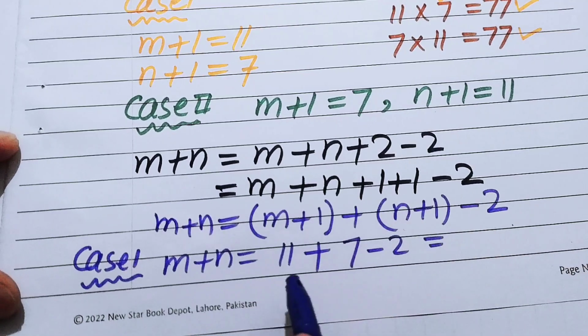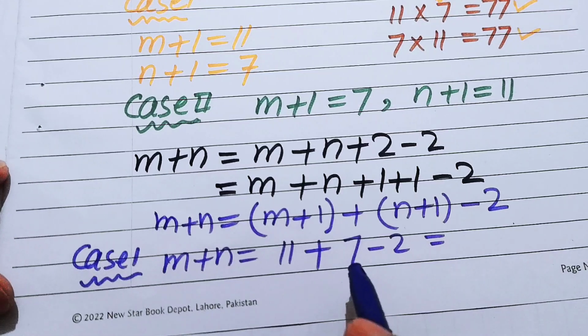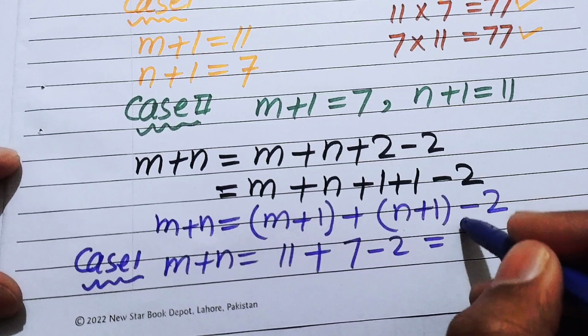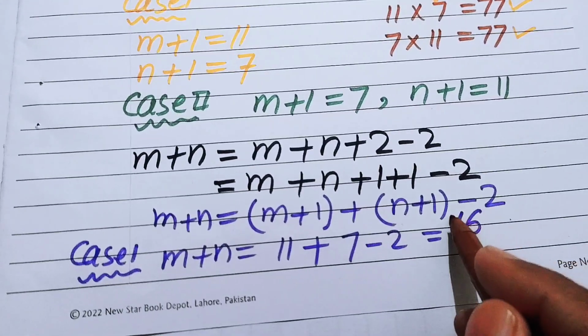When we simplify, 11 plus 7 is 18, minus 2 becomes 16. So this is the value of m plus n in the first case.